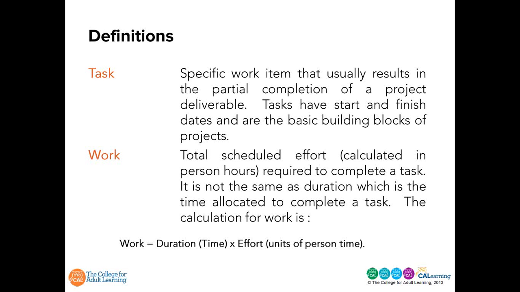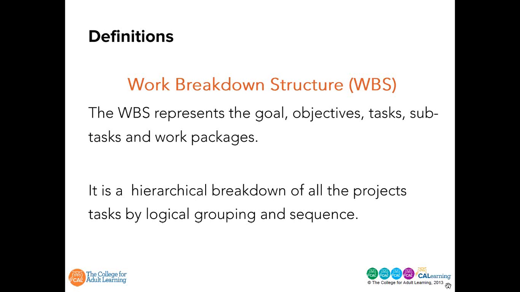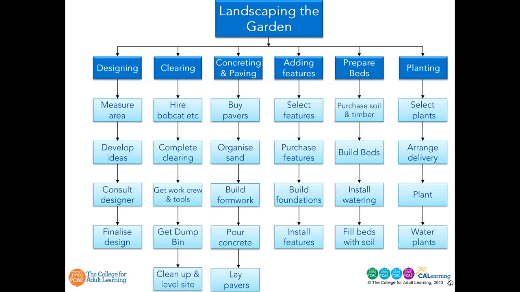And the last one which we'll use today, and that's of course the work breakdown structure, WBS for short. The WBS represents the goal, objectives, tasks, subtasks, work packages, using a hierarchical tree, as you can start to see on your screen, which shows all the levels of the breakdown.